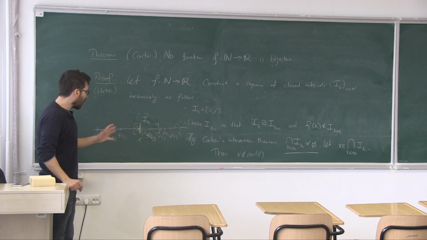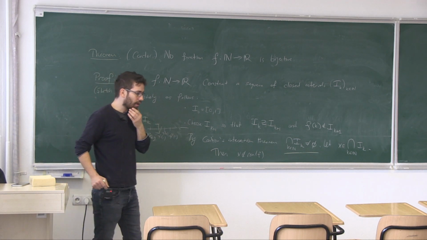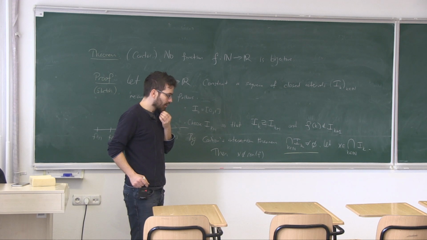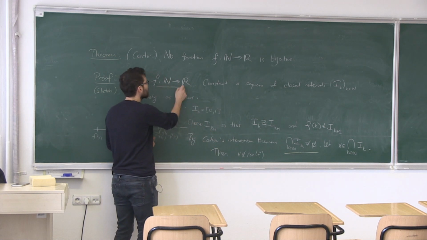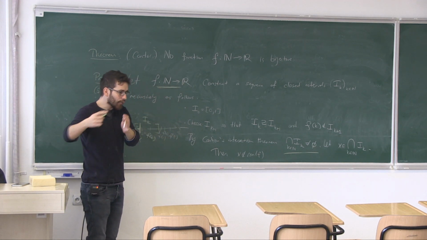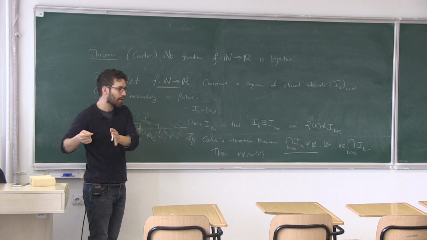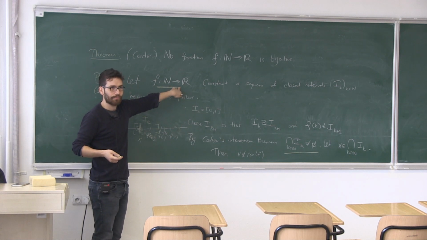Now, why is this called diagonalization? Why am I still calling this a diagonalization argument? Because the essence of diagonalization arguments is the following. You list various stuff. At the end, you want to produce an object which is different from all the stuff you listed.